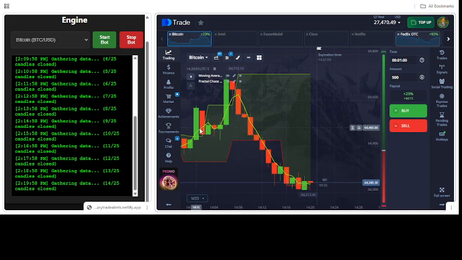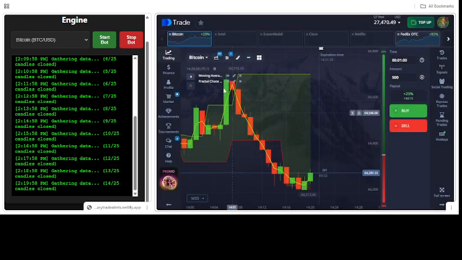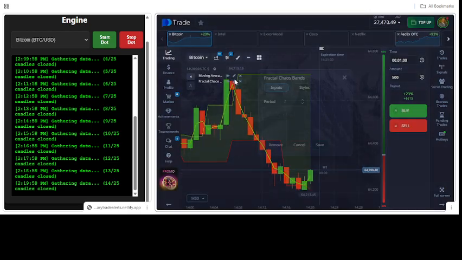So this is the current chart of Bitcoin, and I have the strategy here. If you look, the period is set to 2, which is the default setting here. In the style settings, I've changed the line width to 2 pixels for the fractal chaos bands.